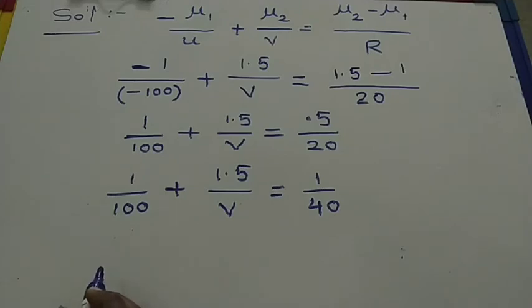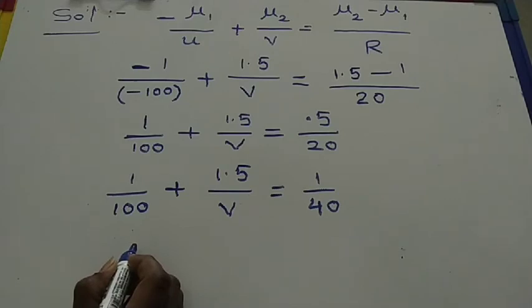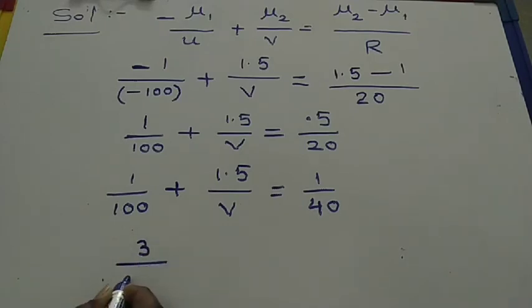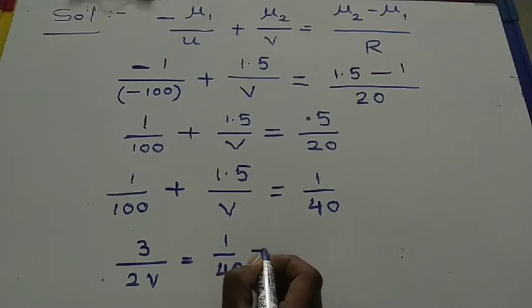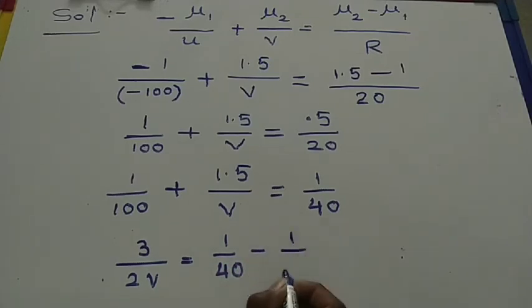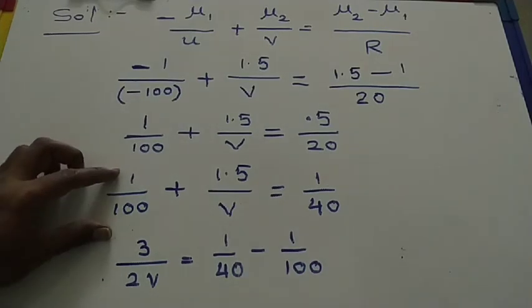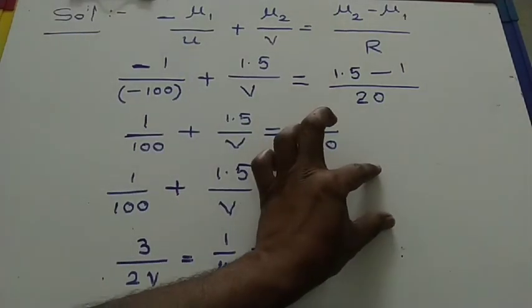Therefore, what we will get? Three by 2v is equal to 1 by 40 minus 1 by 100. Okay, tell me what I did here. 1 by 100 I took towards the right side.